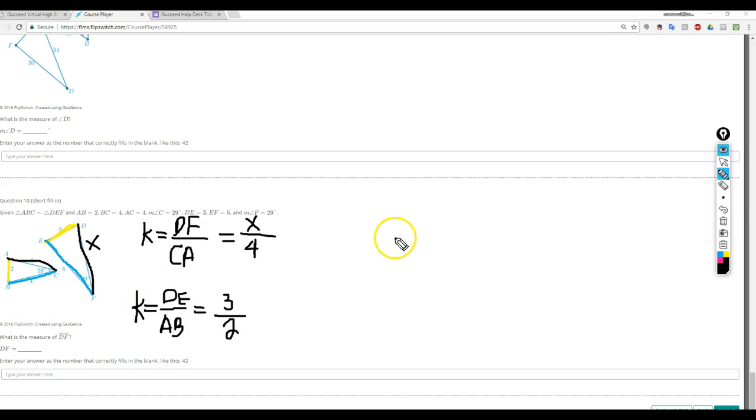And now we're going to use the transitive property, and this is how the transitive property works. We have x divided by 4. That's equal to our scale factor, K. We also know that K is equal to 3 divided by 2. So the transitive property says I can cut this middleman out since these are equal to each other.